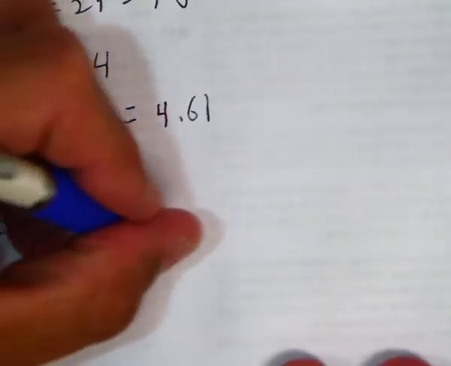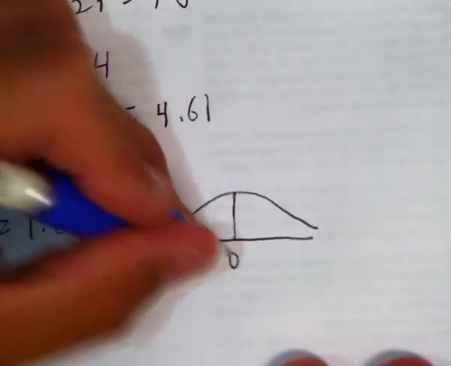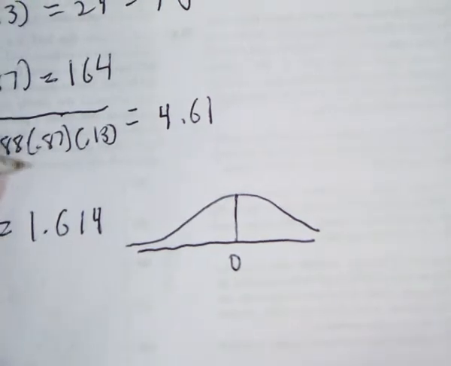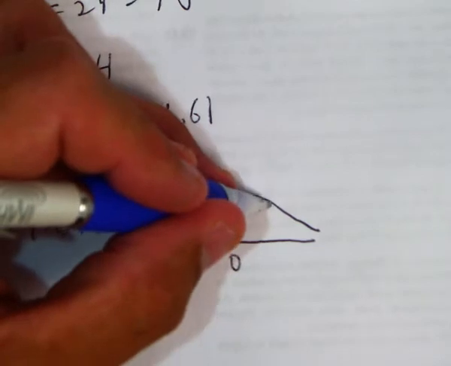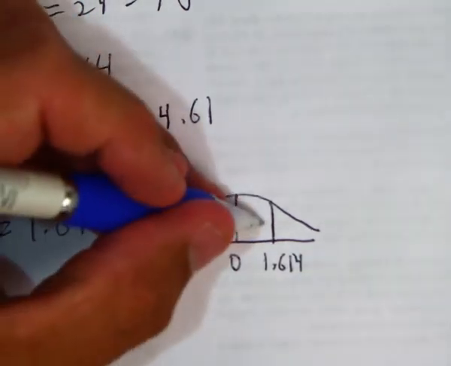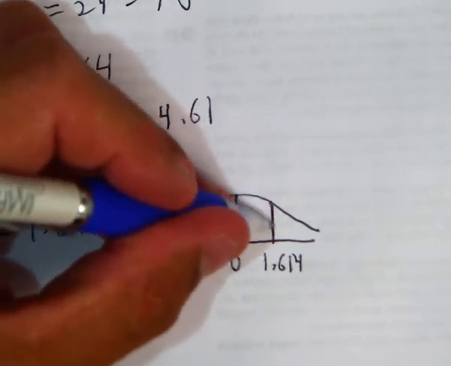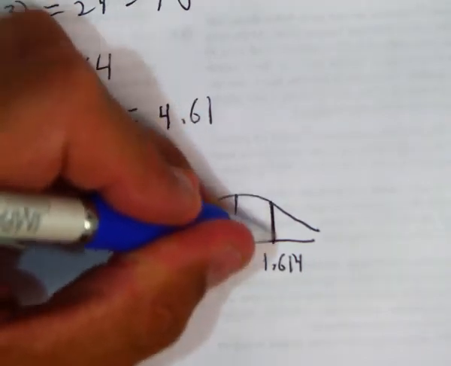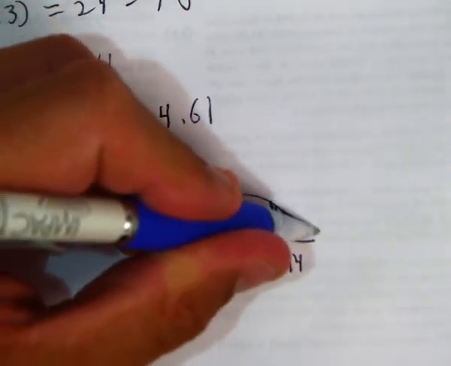Okay? So what would this normal model look like? Well, a z-score of 0 means that there's 164 righties there. So if I go 1.614 standard deviations to the right, that means that's the 171st righty, and we're going to shade to the right because there's more than that.